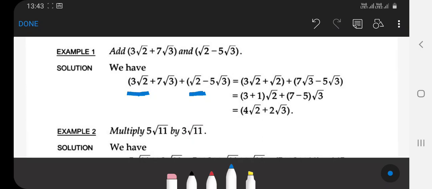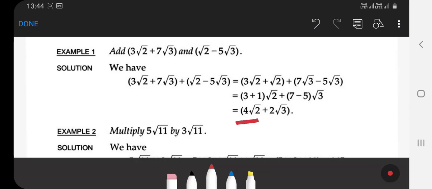Add 3 root 2 with root 2, the same quantity, and root 3 with root 3. So 3 root 2 plus root 2 means 4 root 2.